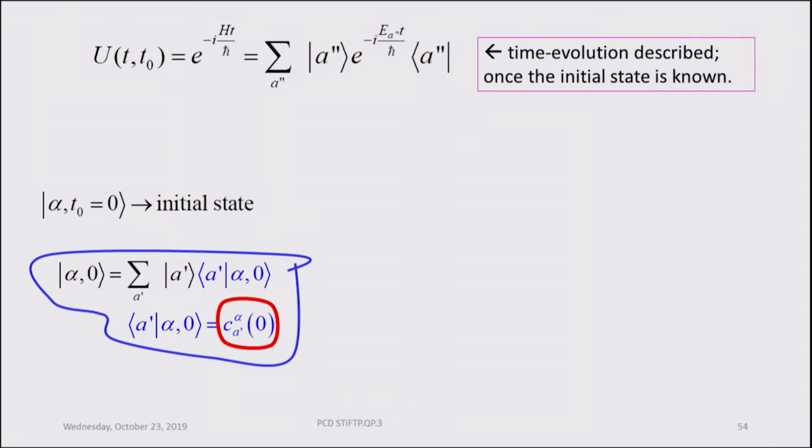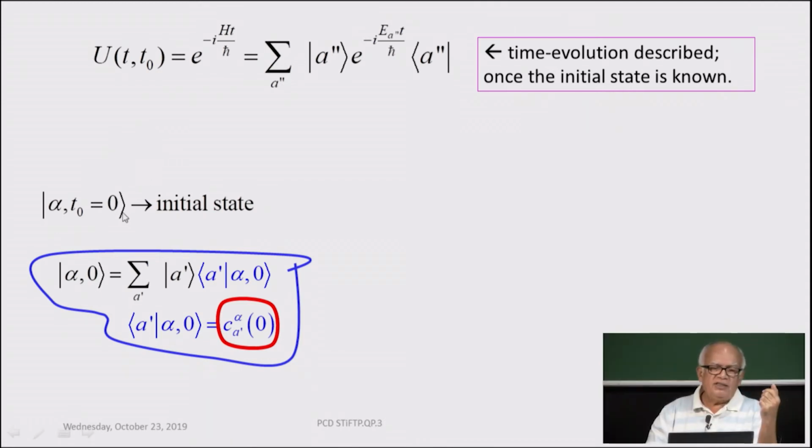So, we have got this result just on the previous slide, or the one before that actually. So, this is how the time evolution of the state is defined by this operator.